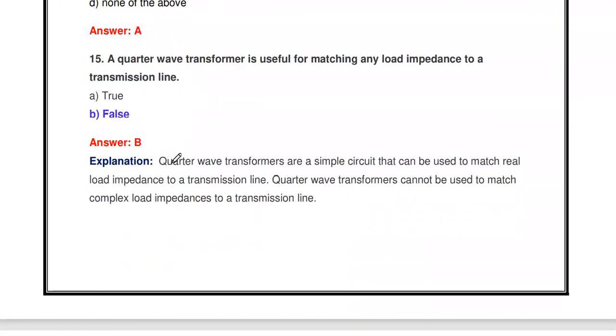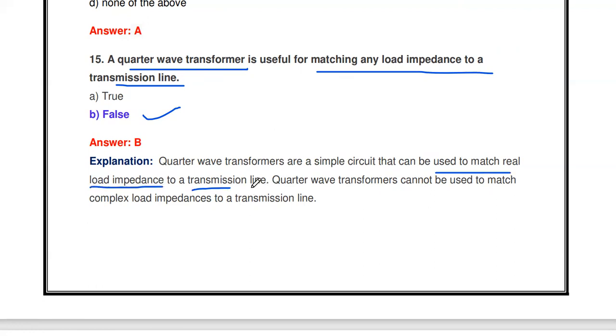Then the next one: a quarter wave transformer is useful for matching any load impedance to a transmission line. The statement is true or false. It's false. What is the reason? Quarter wave transformers are a simple circuit that can be used to match a real load impedance to a transmission line.